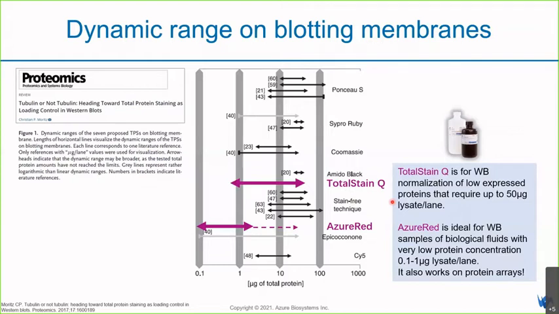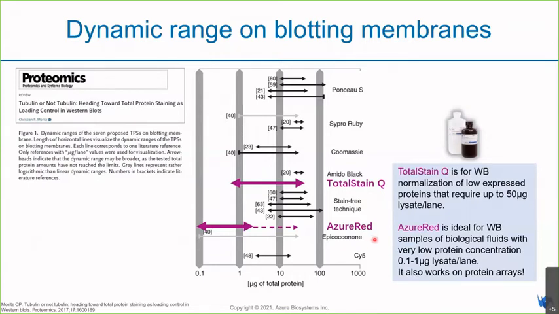So the best thing is that the staining you choose works with your protein load. It can detect a very minute amount or a very high amount of protein based on your samples. So choose accordingly. Just a brief introduction. Total Stain Q is meant for lowly expressed protein, where you can load up to 50 microgram of lysate per lane.